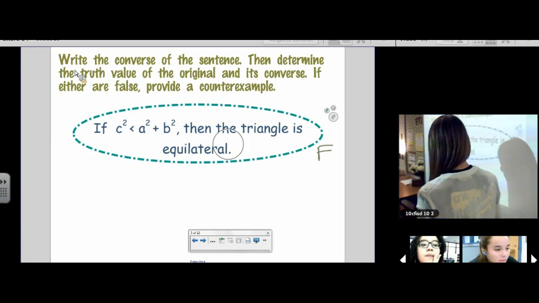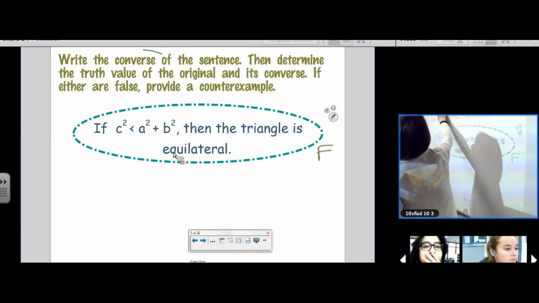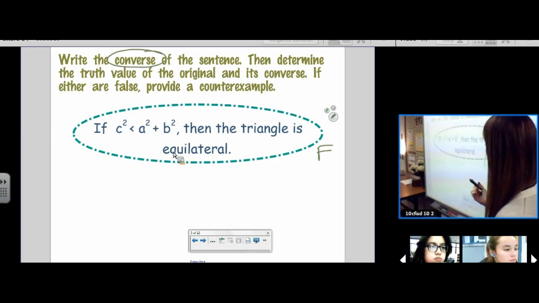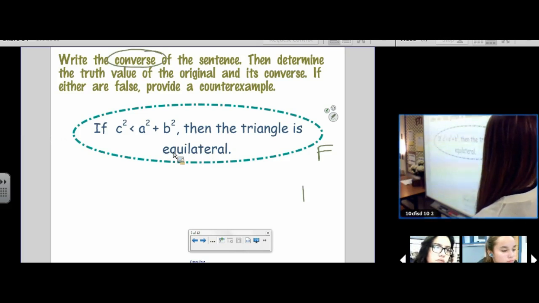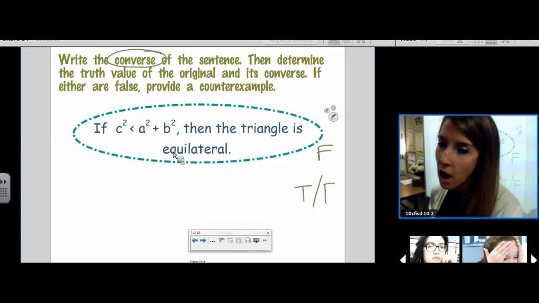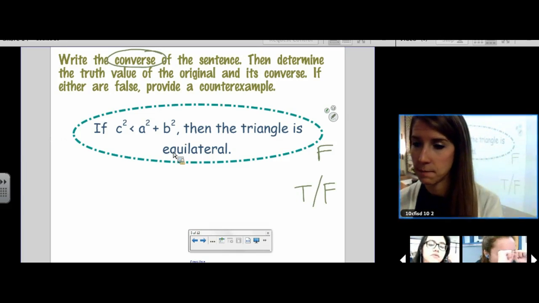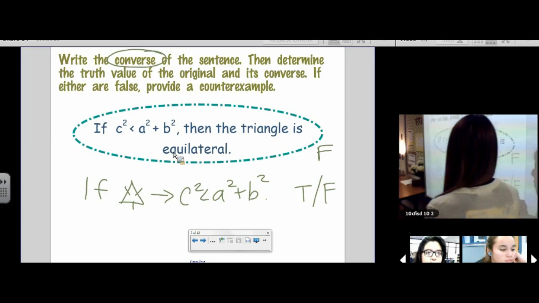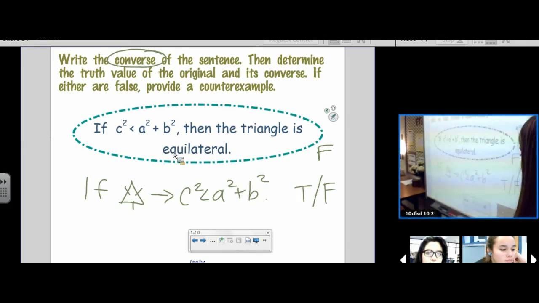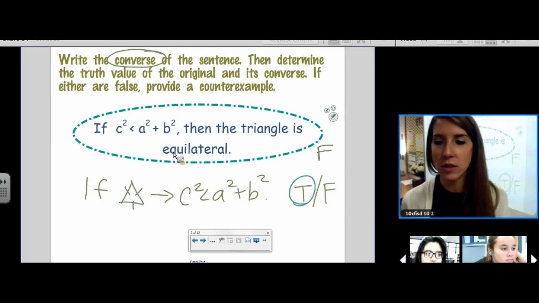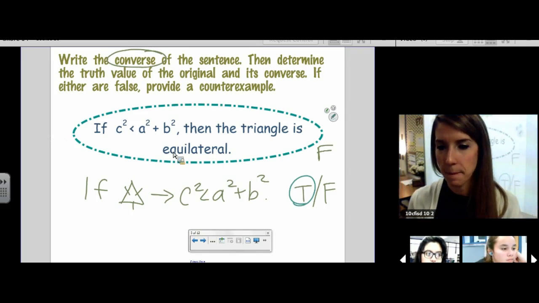All right, now I want you to find the converse of the sentence and determine the truth value of the converse. Is the converse true or false? So the cool thing is the converse of that sentence is true. If it's equilateral, what are its angles?